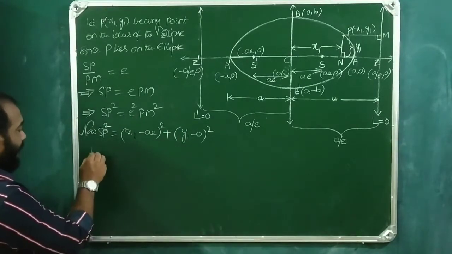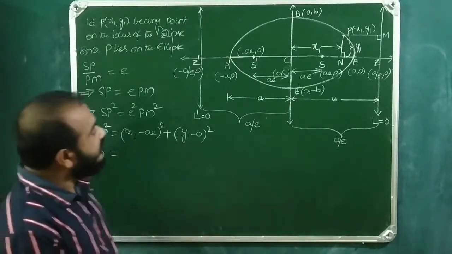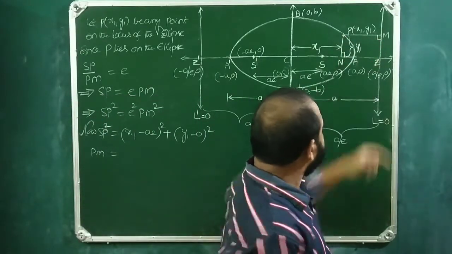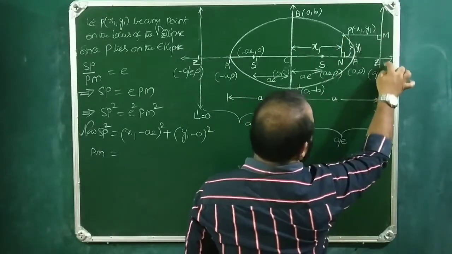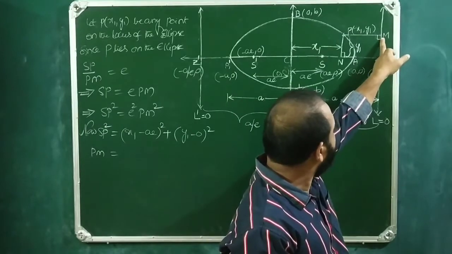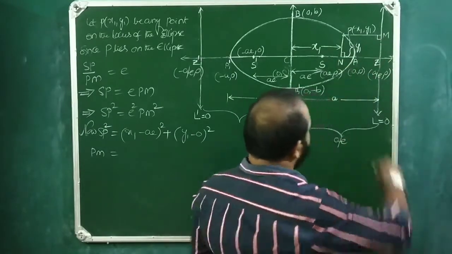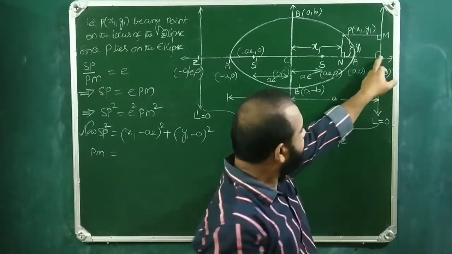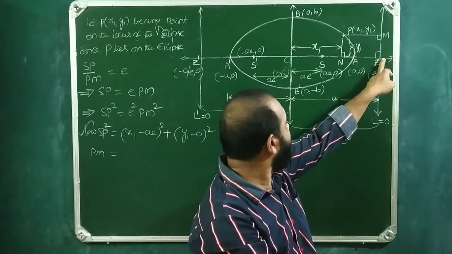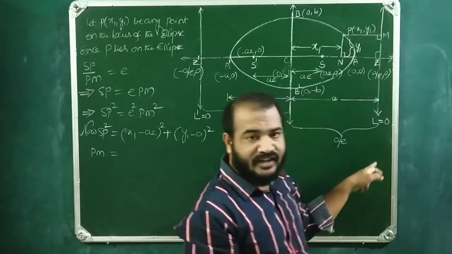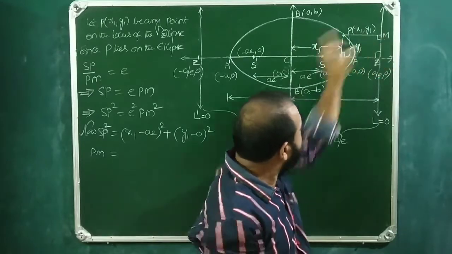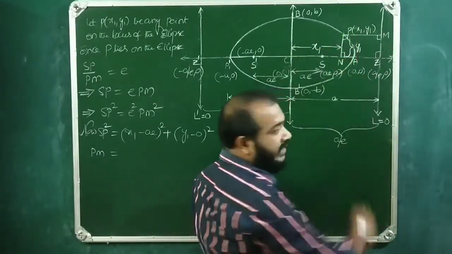Now PM. What is PM here? PM is equal to NZ, because PMZN is a rectangle. Why? Because this is perpendicular, this is 90 degrees, and this is 90 degrees. Z is the projection, or perpendicular, of S on the directrix L equals to 0. Therefore this is 90, this is 90 and this is 90, obviously this is also 90.